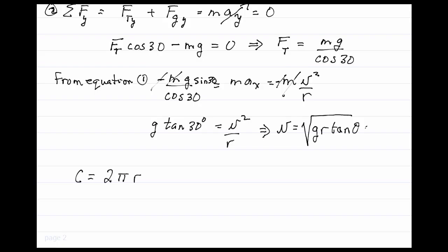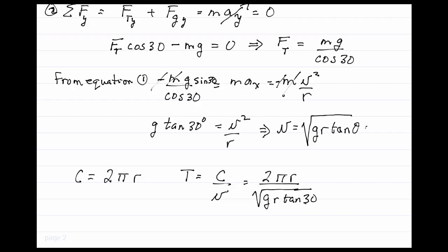And we know that the period, capital T, is equal to the circumference over his speed, v. So the circumference was 2 pi r, and the speed we found to be the square root of g r tan theta, where in our case theta is 30 degrees.